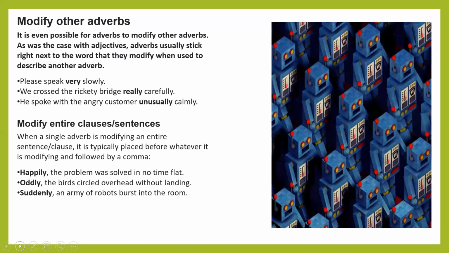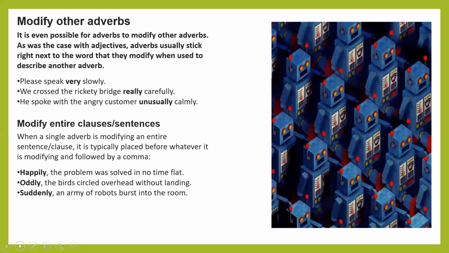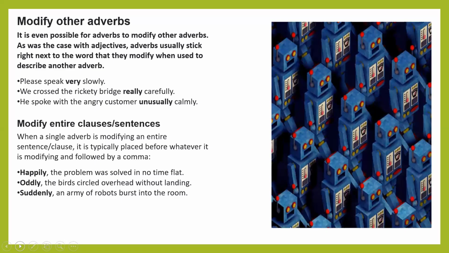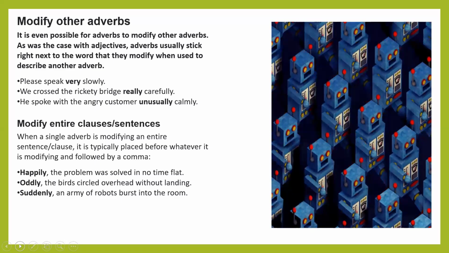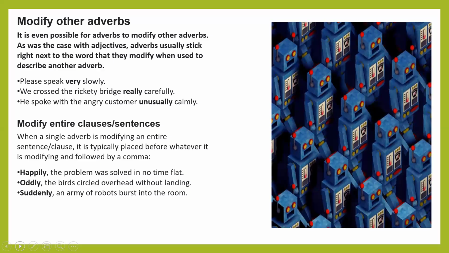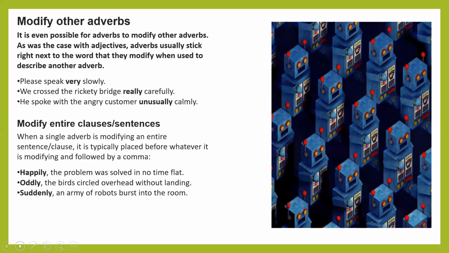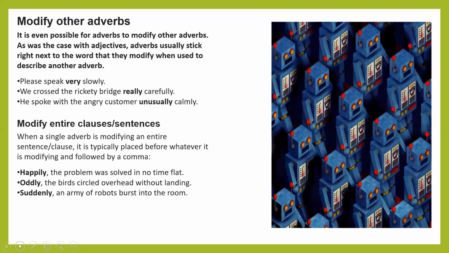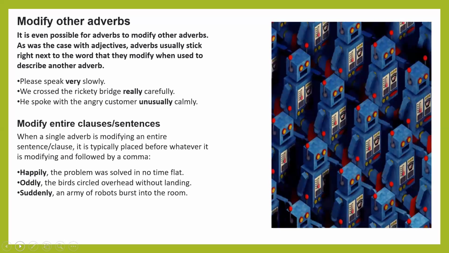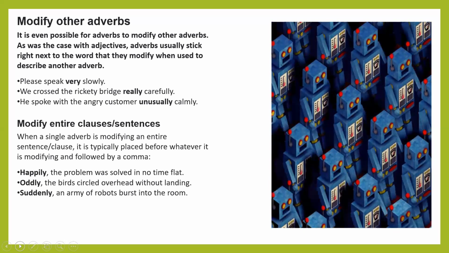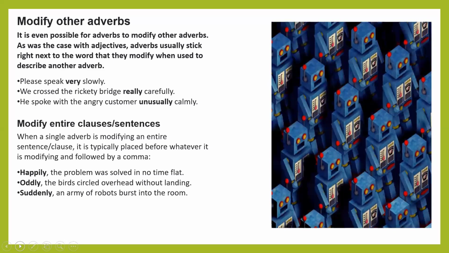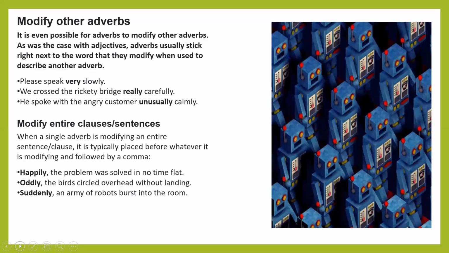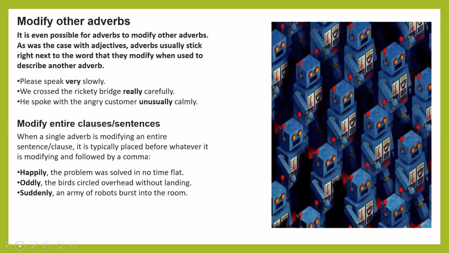Where a single adverb is modifying an entire sentence or clause, it is typically placed at the beginning of the sentence and followed by a comma. Always keep this in mind: whenever we modify entire clauses or sentences, we use the adverb at the beginning, followed by a comma.